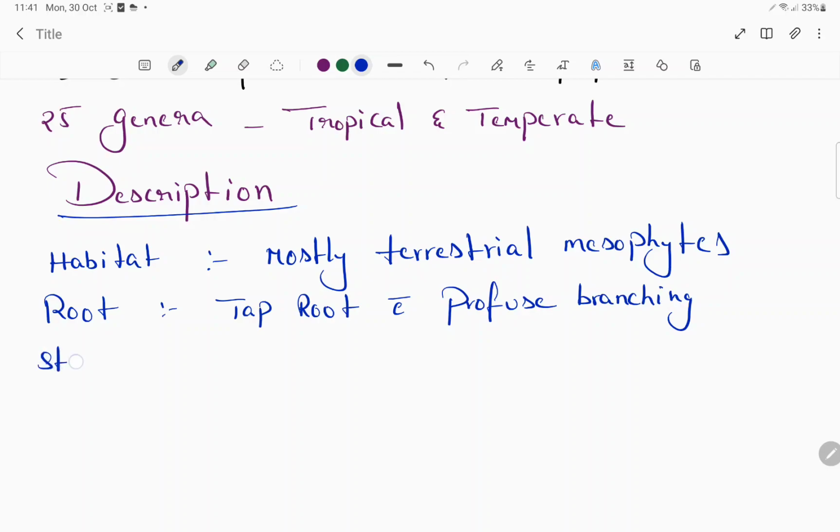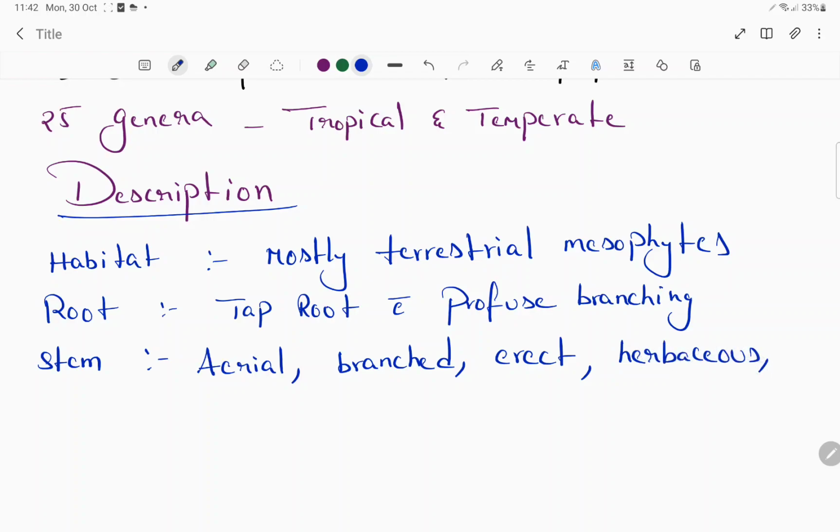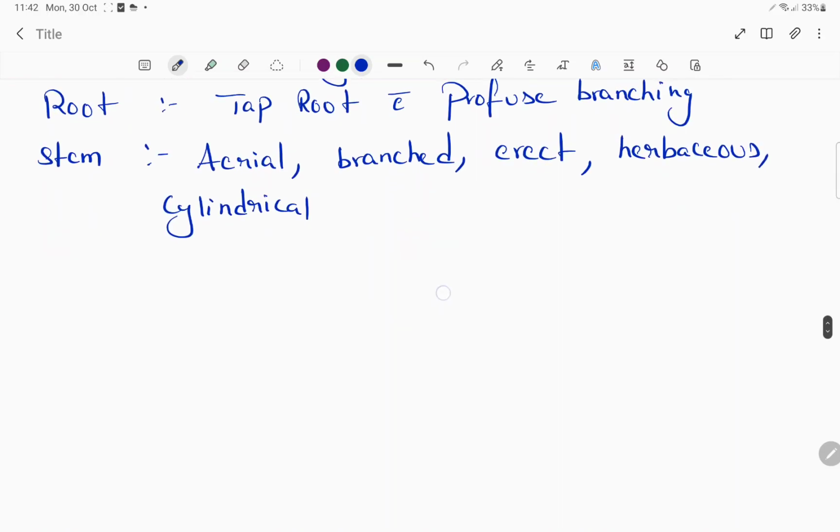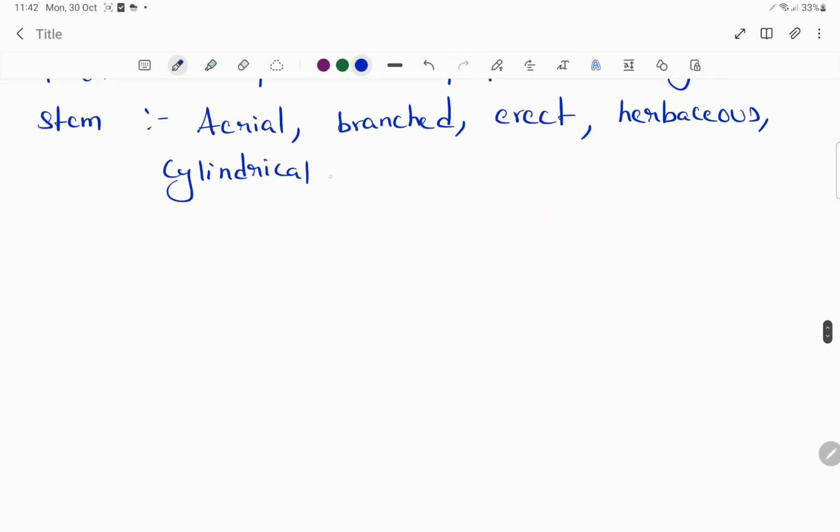So coming to the stem: aerial, branched, erect, herbaceous, cylindrical, and woody with young portions.